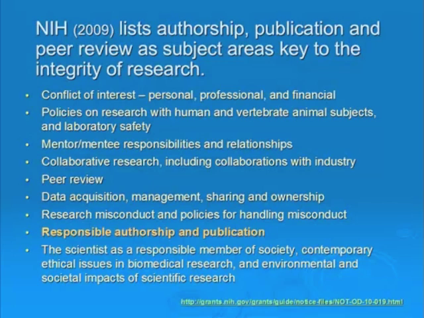And when this list was put together in 2009, it was based on an original listing put together by the Office of Research Integrity in 2000. In 2000, ORI identified what they called the 9 core instructional areas of responsible conduct of research, based on a kind of consensus about areas where people needed to know how to do things well, or their practice could inadvertently damage the research record.